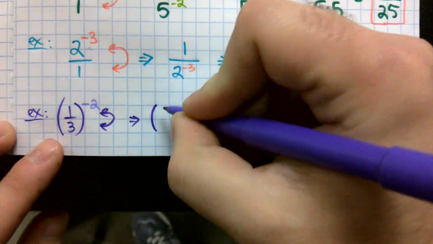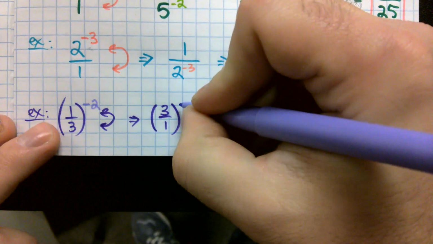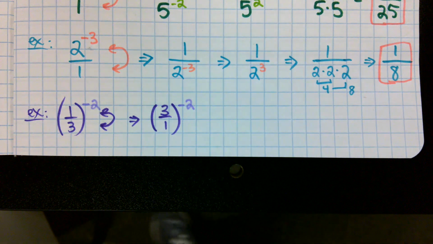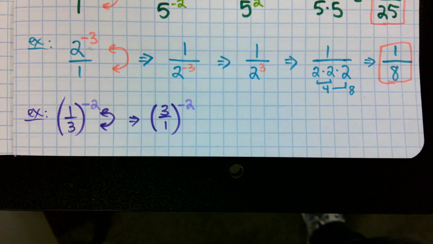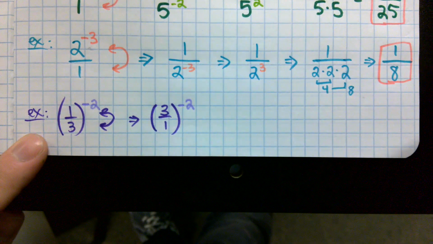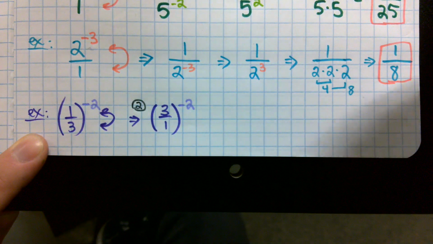So now what we have is 3 over 1 to the power of negative 2. We want to make sure that our exponent stays on the outside of those parentheses, and we're just flipping the actual fraction inside those parentheses, right? That was step 2, right?